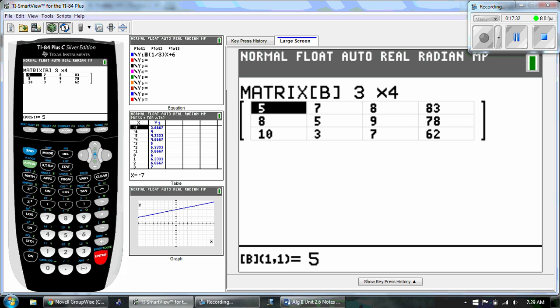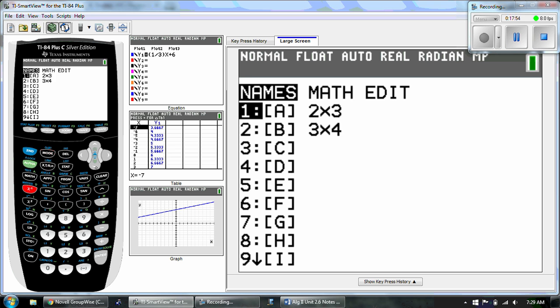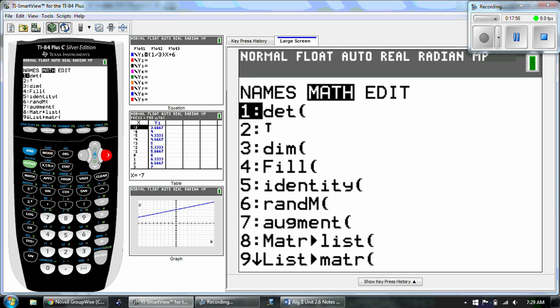Okay, so all of those are inputted in, and I'm just going to check one more time that it goes 5, 7, 8, 83, 8, 5, 9, 78, 10, 3, 7, 62. Okay, so to get out of here, I'm going to quit. So that's my matrix, but I have to run a program for the matrix.